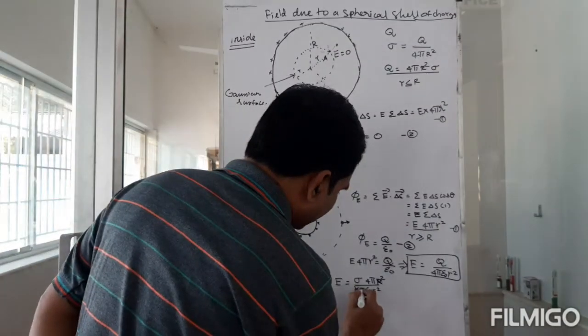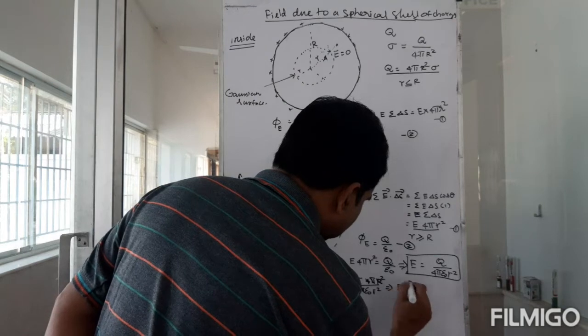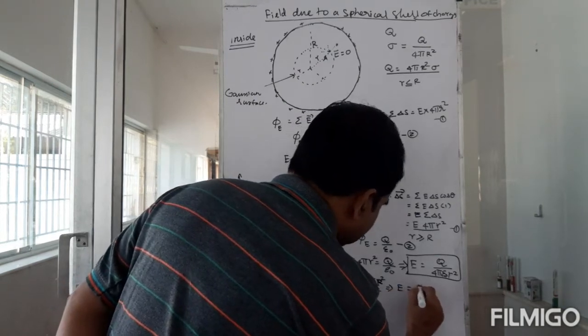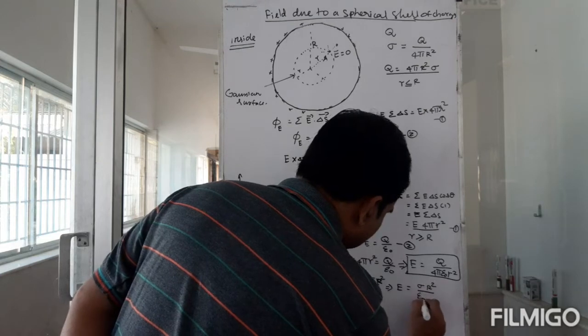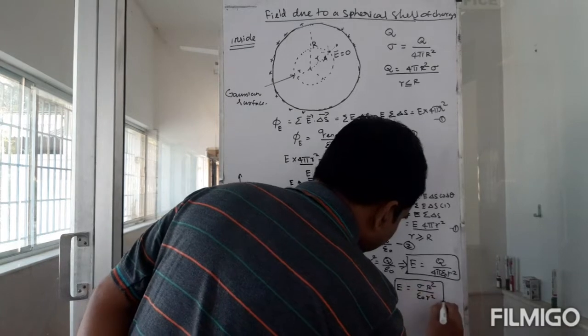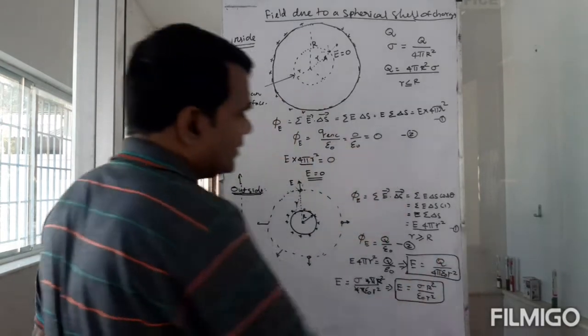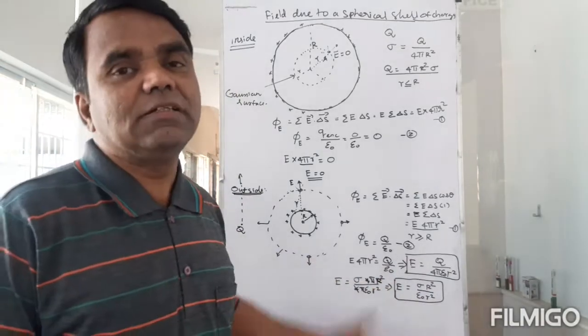Now 4 pi and 4 pi will cancel, then I can write E as simply sigma R squared by epsilon naught r squared. So either expression is fine, they both mean the same thing.